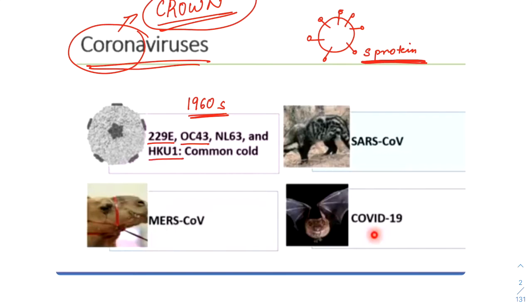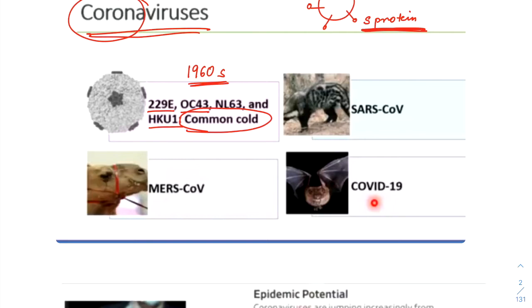In the early 1960s, many coronaviruses were discovered, like 229E, OC43, HKU1, etc., which commonly caused a mild upper respiratory infection, known as the common cold. In 2003, another coronavirus, the SARS coronavirus, emerged in China that was thought to be transmitted through civet cats.